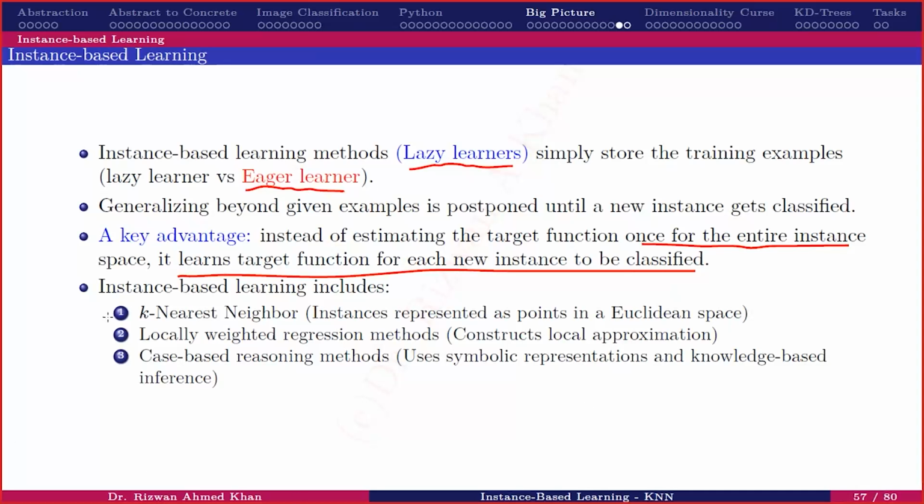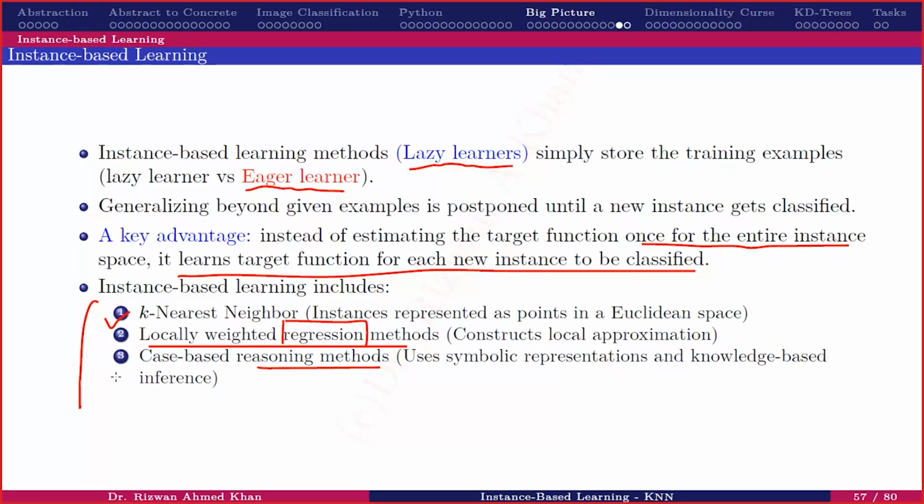And there are some instance based learning के अंदर कुछ और algorithm भी, apart from k nearest neighbor which we did in this class. There is another algorithm called locally weighted regression model. We haven't done regression up till now, and once we see it, you will see that kNN with some modification can be used for regression as well. And case-based reasoning also is a lazy learner, but not included in our curriculum.